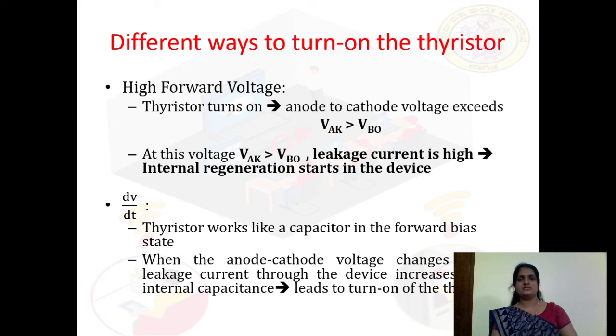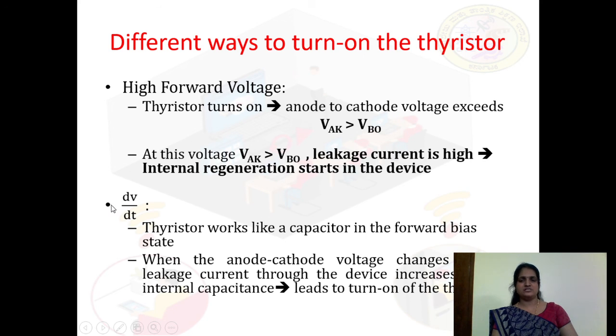And one more is a high forward voltage. In order to turn on the thyristor, the voltage between the anode and the cathode should be greater than the forward breakover voltage, VBO. At this condition, the leakage current is high, so internal regeneration starts in the device.